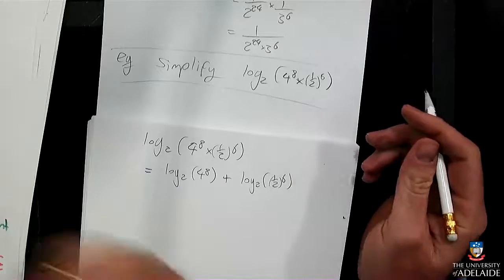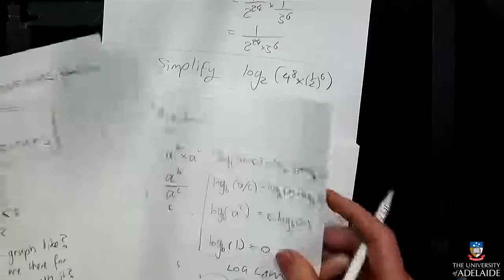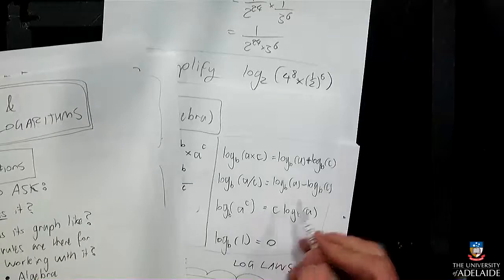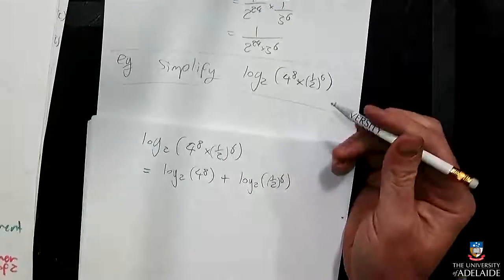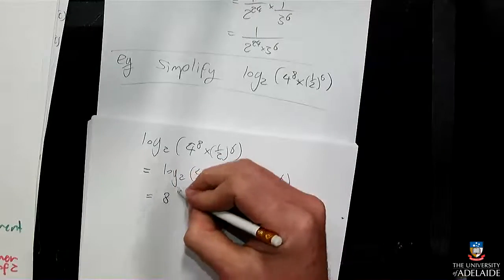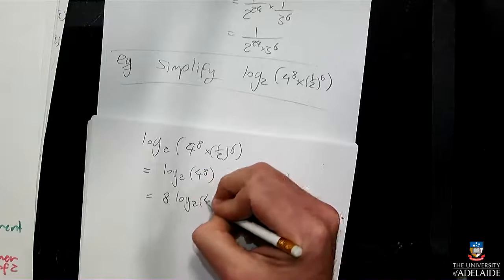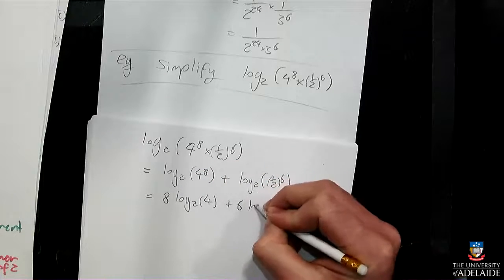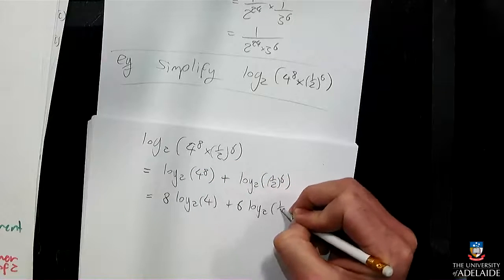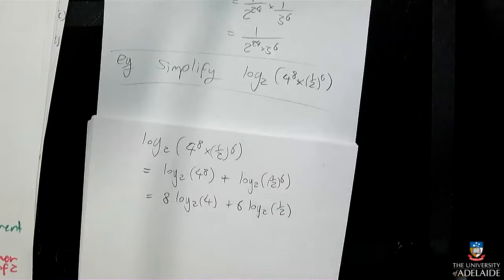And powers inside the log is multiplication on the outside, so I can bring the power out. Okay.